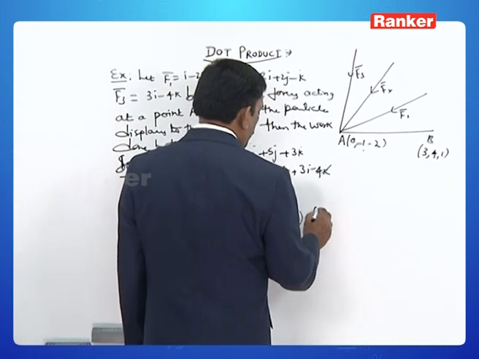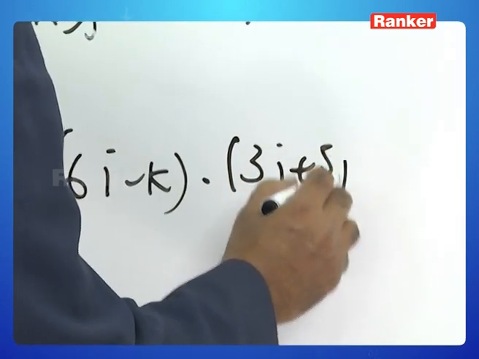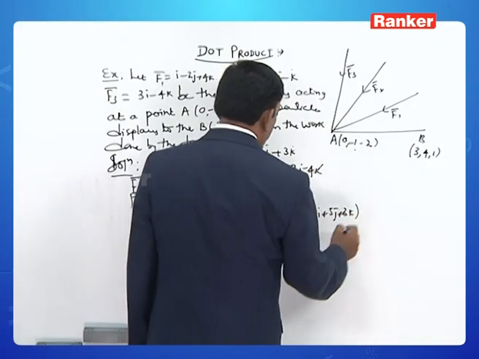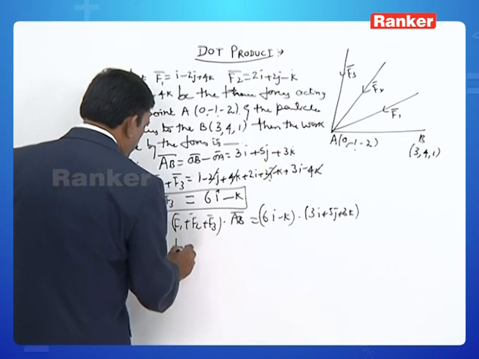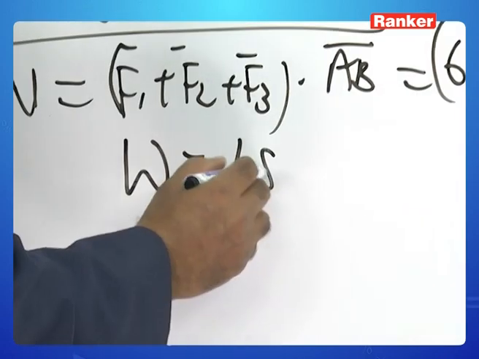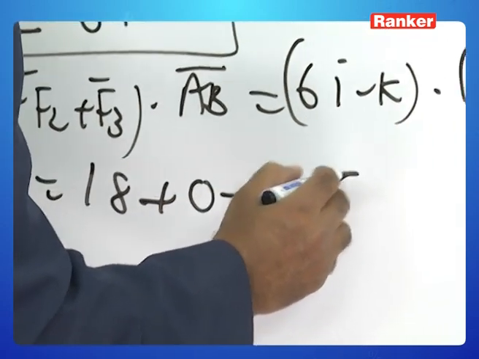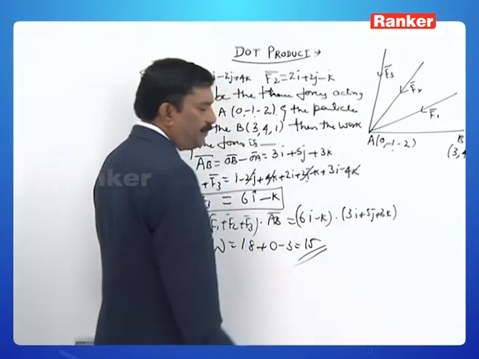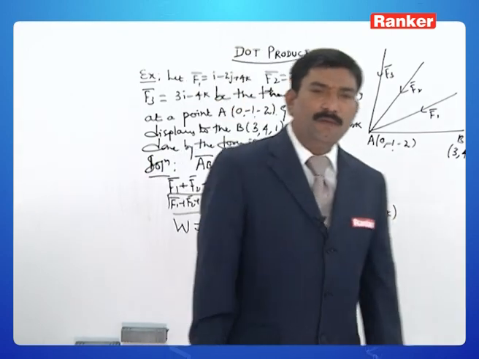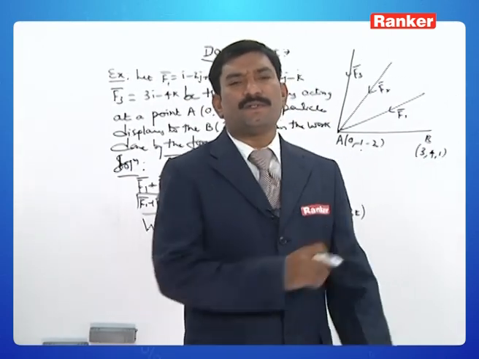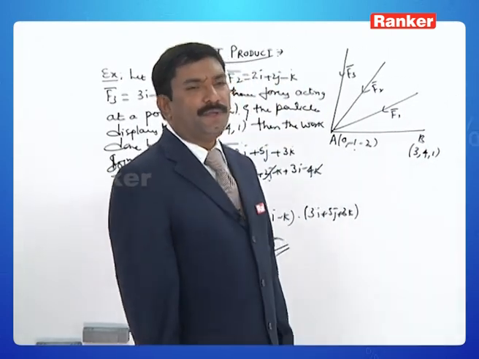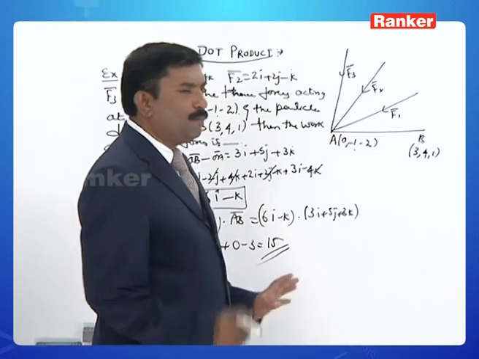This is nothing but 3i plus 5j plus 3k, correct? Therefore, this is nothing but 18 plus 0 minus 3. So therefore, this is the work done by the forces. You may measure in terms of either works or joules as you please.